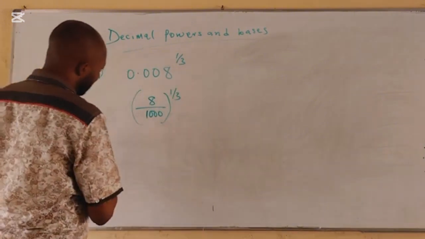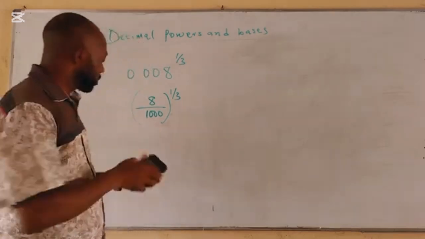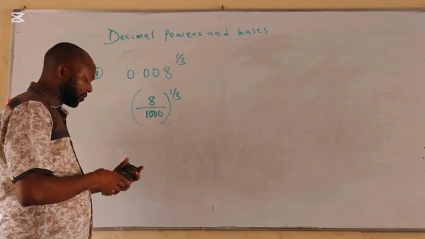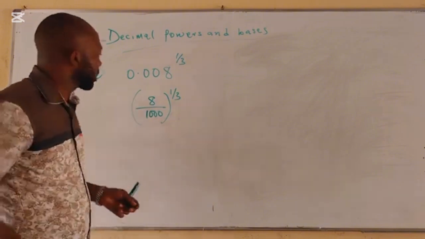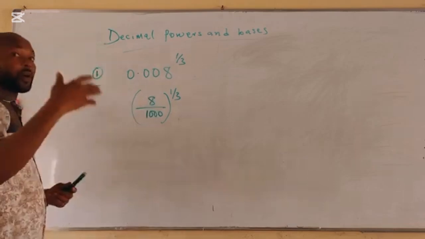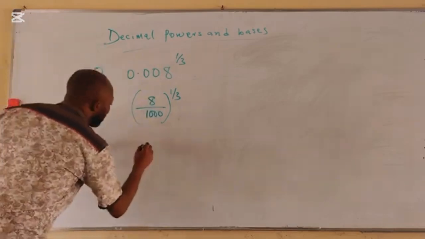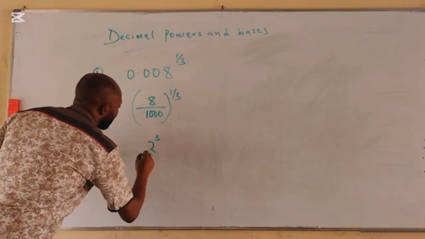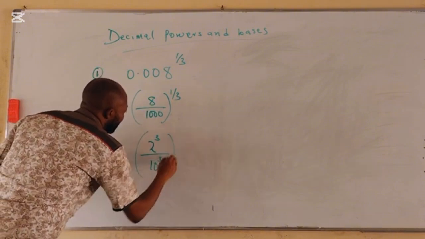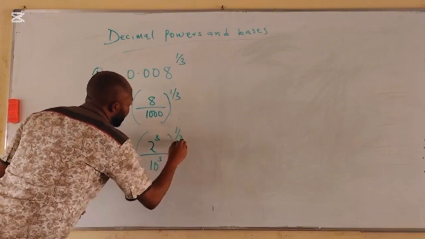Now, 1000 is the same thing as 10 raised to the power 3, and 8 is the same thing as 2 raised to the power 3. So I can have 2 raised to the power 3 over 10 raised to the power 3, in brackets, raised to the power 1 over 3.